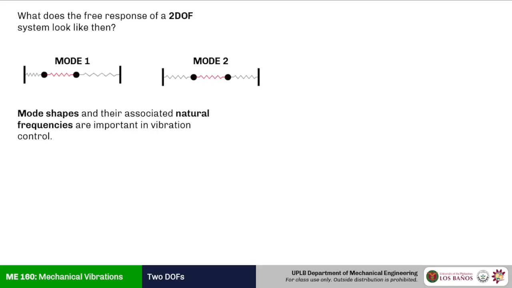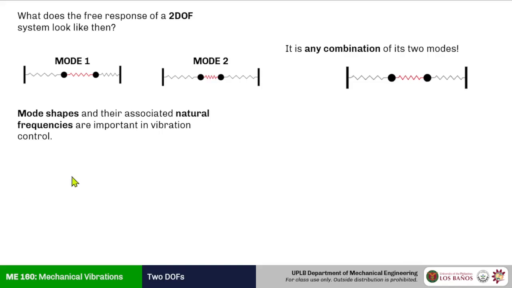Now, when we look at the response of these 2 degrees of freedom systems when it comes to disturbances, most often times the disturbance will be a combination or a superposition of these two modes. Now, these mode shapes are actually quite important.